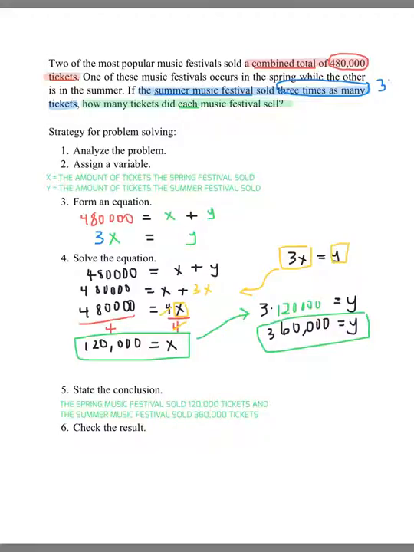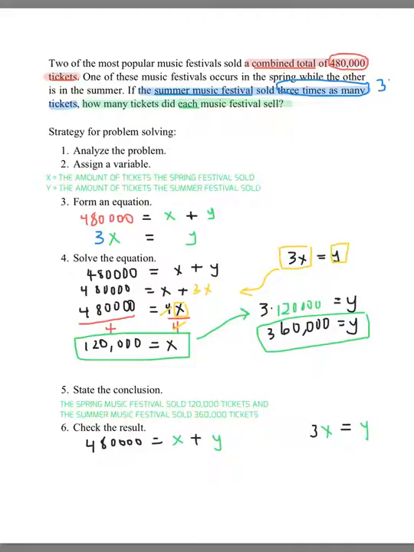So we'll start off by writing down the original equations we found in step 3. So we're going to have 480,000 is equal to x plus y. And the second equation is going to be 3x is equal to y.